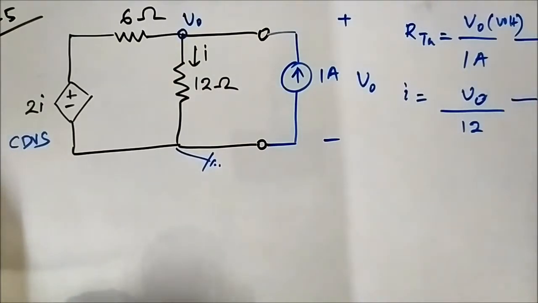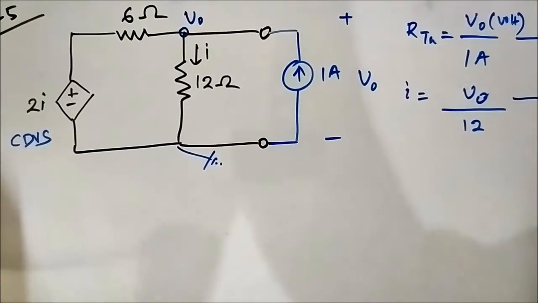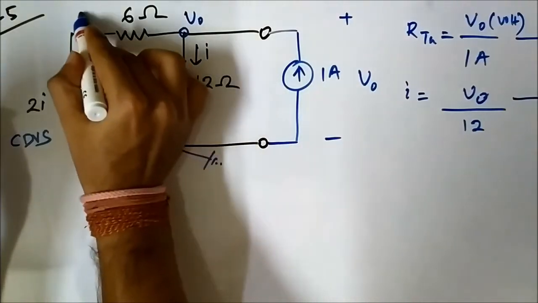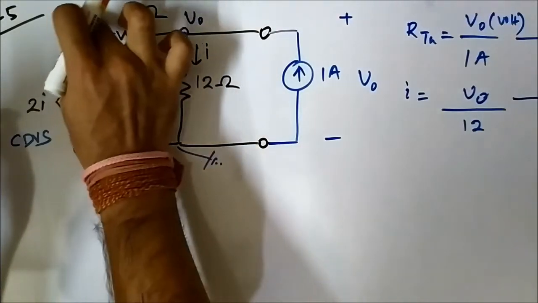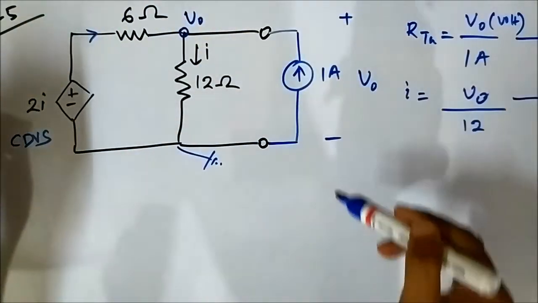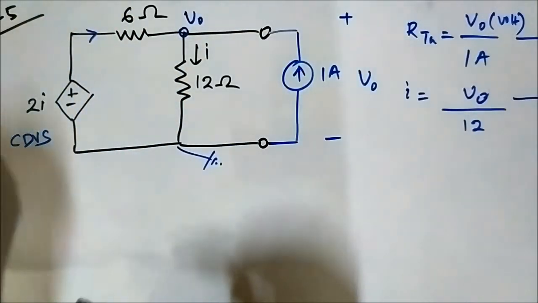So now let us write the nodal equations. Here let's say whatever current is flowing towards the node, I is flowing outward, 1 ampere is flowing towards.